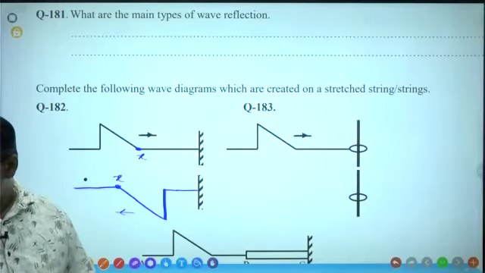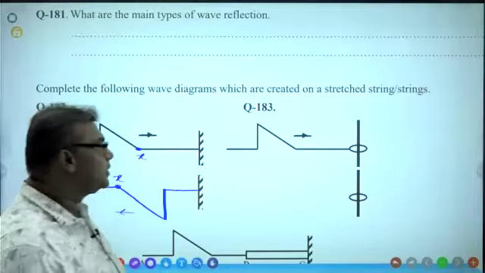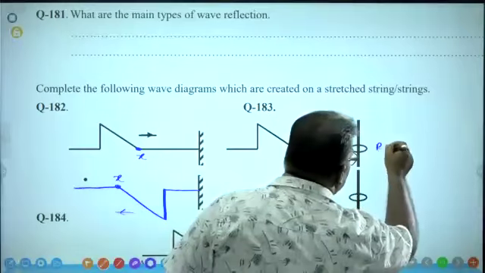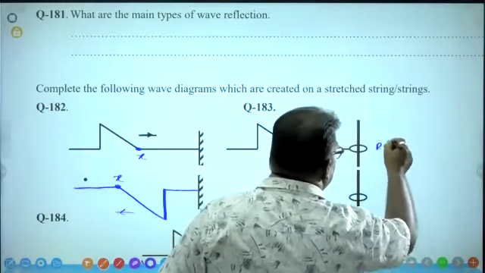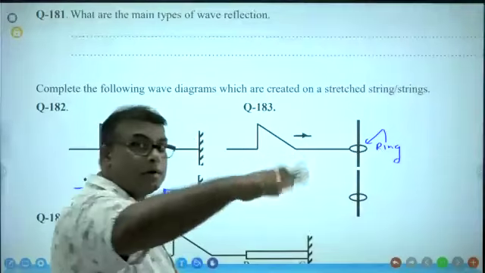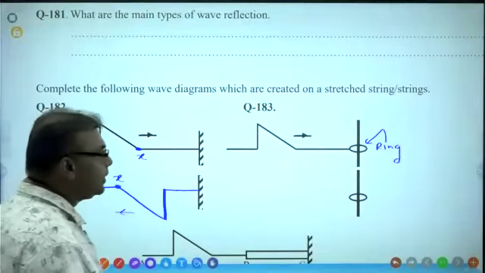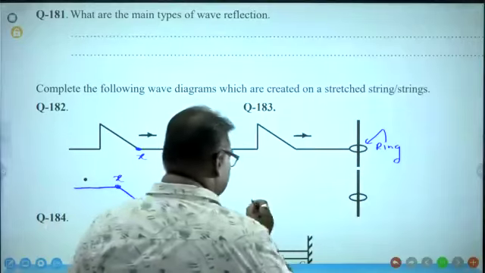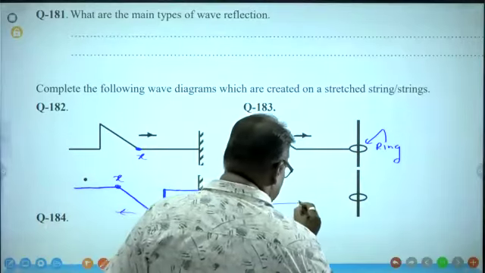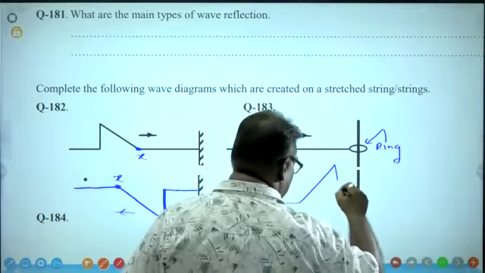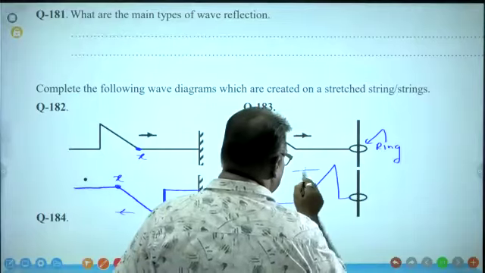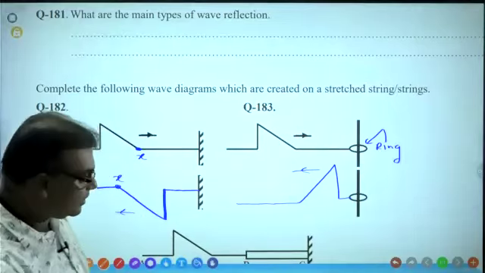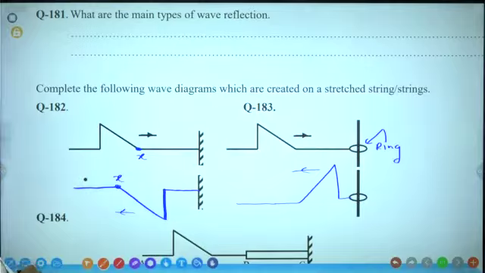182. Then 183. This is a ring. Can you note down this one? It's a light ring. It is movable one. It's movable here and there. Then wavefront is transmitted like this, no? Right here. Reflected wavefront is made like this.